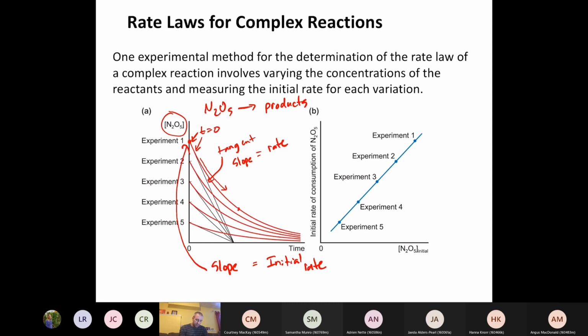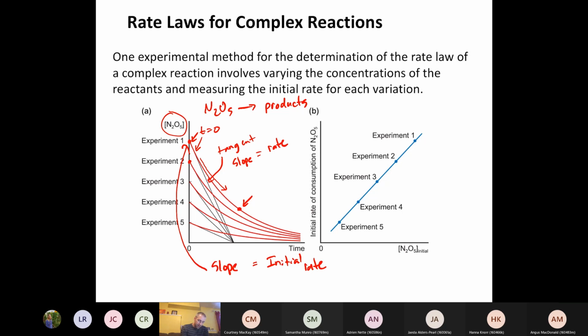Later on, like down here, the rate's going to be something different because our concentration is something different, and the reaction's like half over. But what we're concerned about is the rate at time equals 0, the initial rate, because that's the only time where we exactly know what the concentration of the reactant is, because we decided what that was going to be.